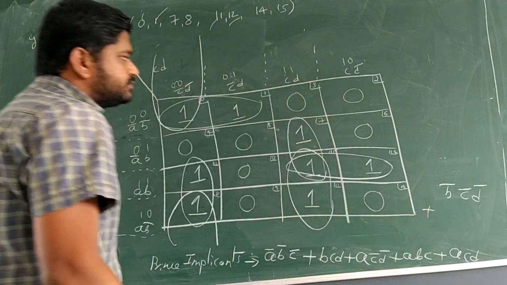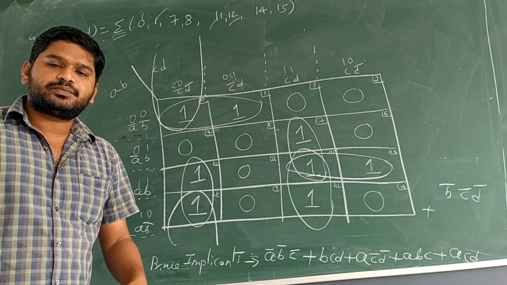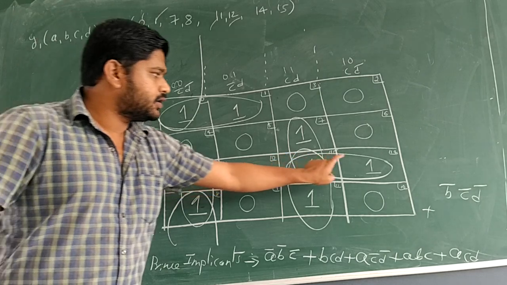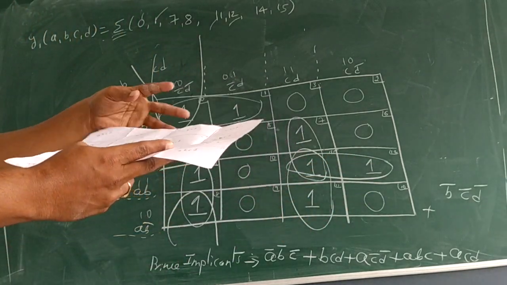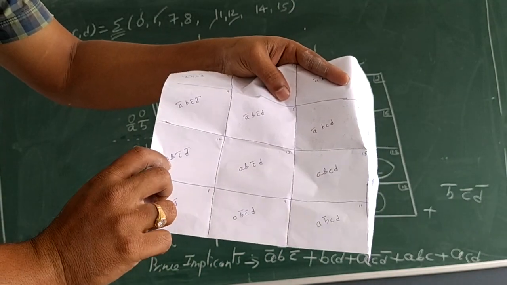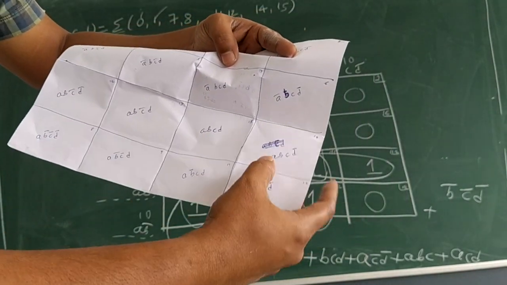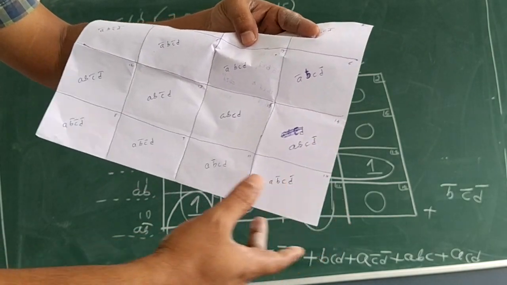So plus. Now, do we have any other option? Yes, one more. Think about 12 and 14. 12 means A, B, C complement, D complement. 14 means A, B, C, D complement.